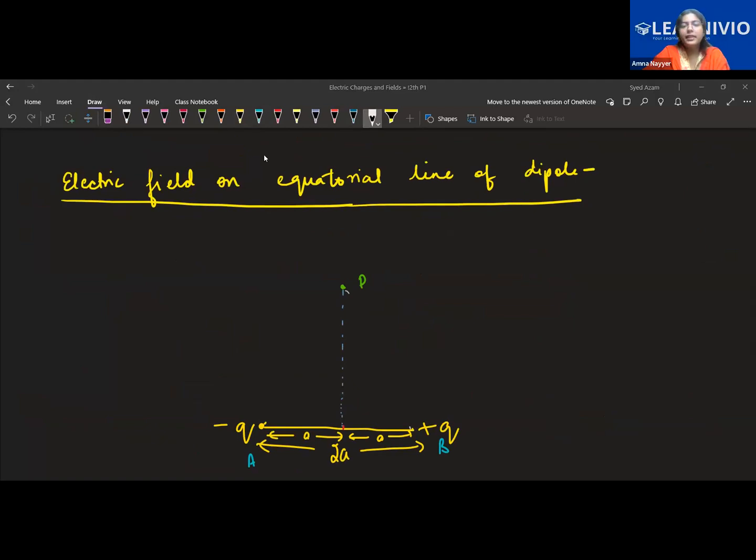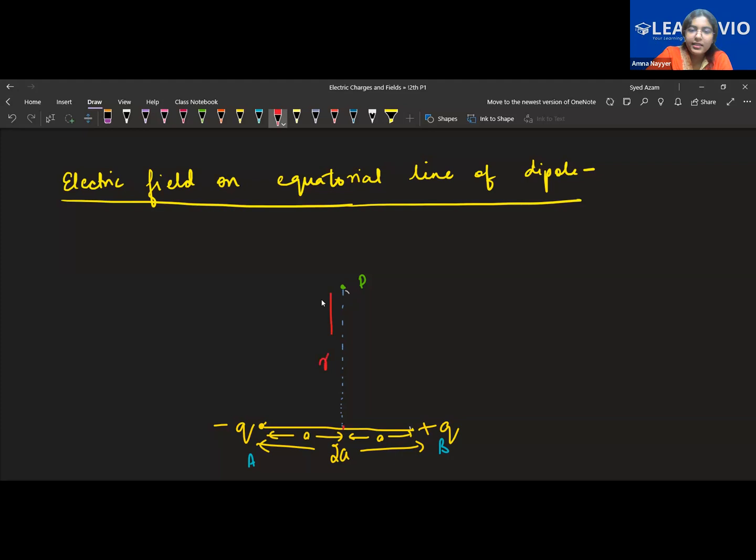Okay, the next is the equatorial point. Equatorial means the point is situated at a distance of 90 degrees, at an angle of 90 degrees. So this is what is called equatorial. Now, the definition of r will be the same in both cases. r is the separation from the center of the dipole to the point of calculation, correct?